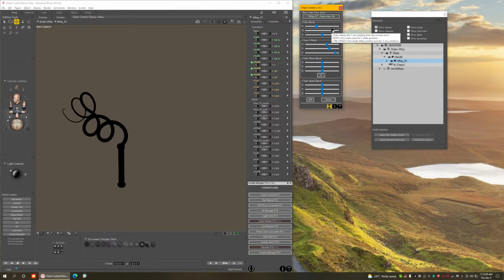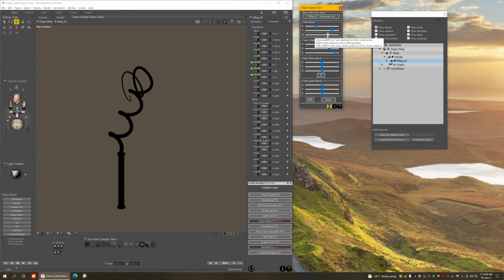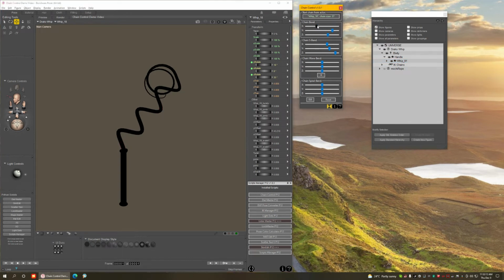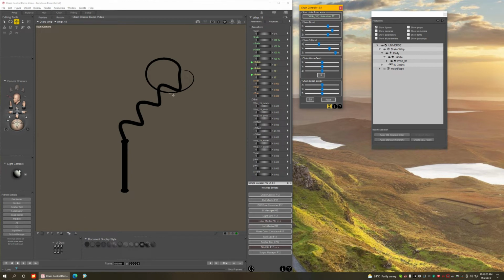You can get pretty complex shapes by combining different bending methods like this. And of course, you can start bending from anywhere you like and keep adding different kinds of bends to different parts of the chain individually. All right, that was the S bend.